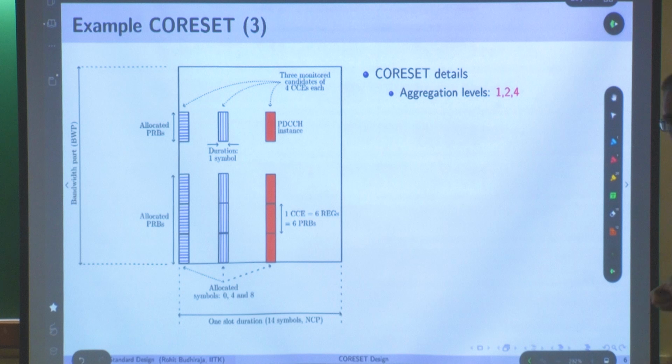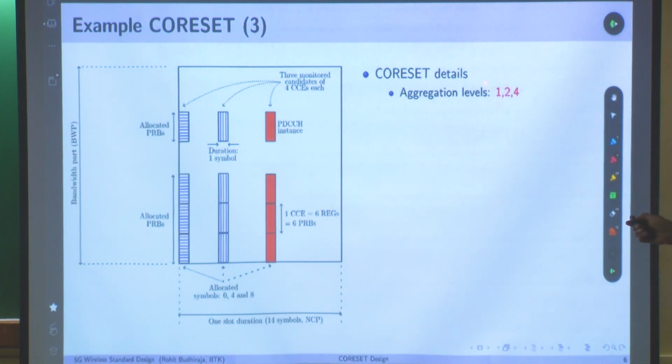Let's take another example. Okay, what happens here? Here aggregation levels are defined as 1, 2 and 4. Same example, same Coreset allocation, right? So why 1, 2 and 4? This user is, let's say, continuously moving. The base station knows that.